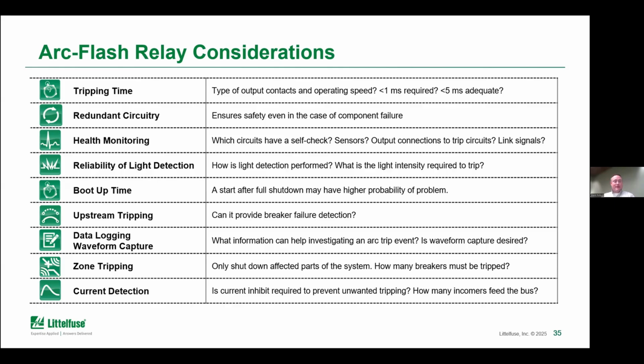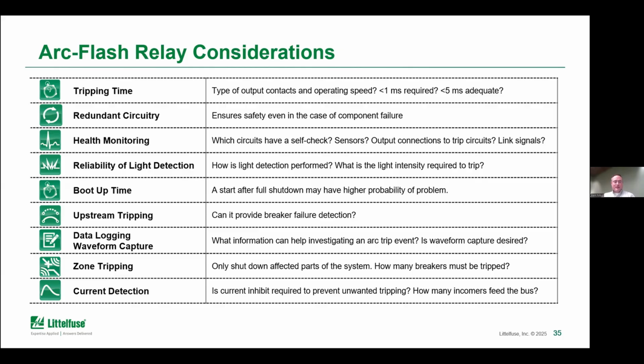When you look at your tripping scheme, what type of upstream tripping do you need? Do you have upstream breakers that you can go to in the case of a local breaker failure? What if the arc is inside that breaker that you would normally be trying to trip? Or we'll say at the load terminals for that breaker.